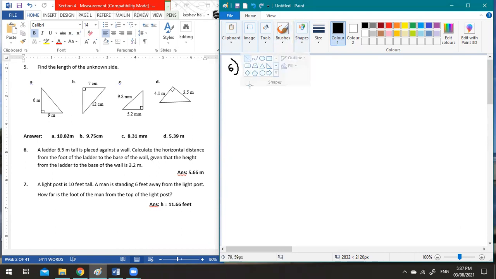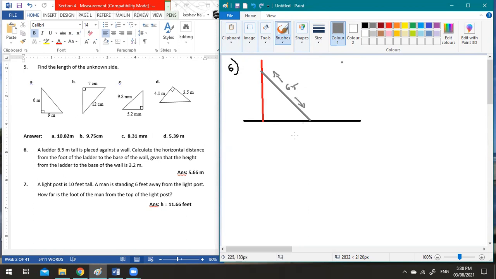Now, anytime I have a question like this, we know the ground should be flat or horizontal. This is the wall here in red, right? And the ladder, I can't really draw, so I'll put the ladder as gray. Now they say the length of the ladder is 6.5 meters. So once you place it against a wall, it will be at an angle.